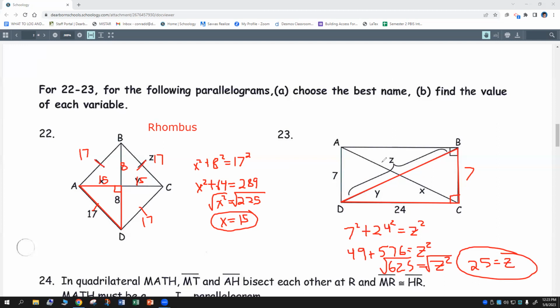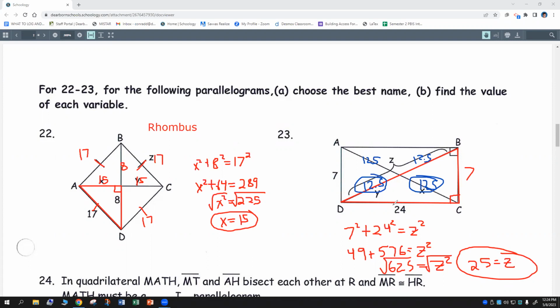Okay, and then if z is 25, that means each of the smaller pieces here, let me do a different color, they're all going to be the same, right? So 25 divided by 2 is going to give us 12.5, which means x is 12.5, and then y here is going to be 12.5. So x and y are each 12.5, and then z is going to be 25.